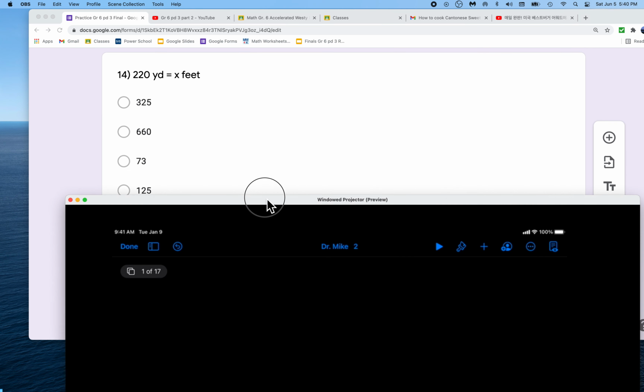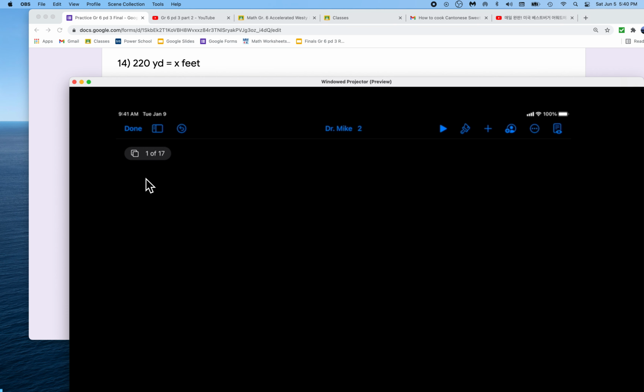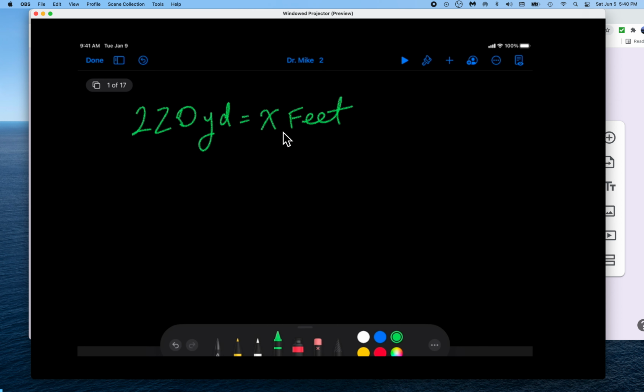Oh, conversion. Okay. 220 yards equals X feet. Okay. What do we know about the relationship between yards and feet?